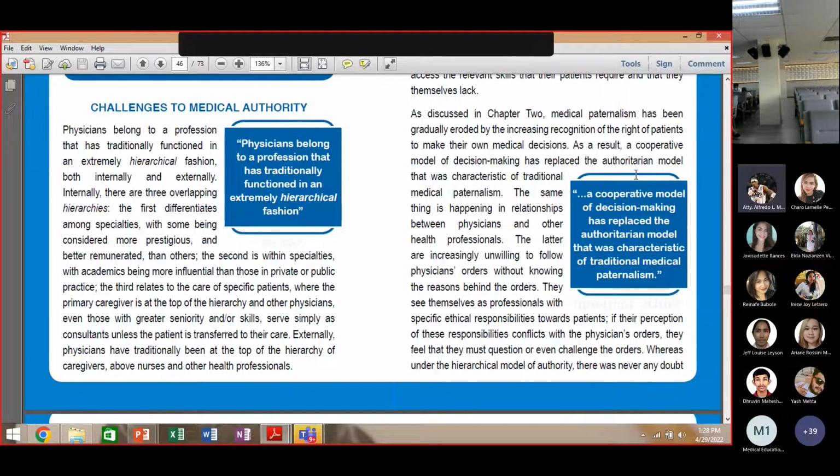When you say autocratic, the decision maker comes from one source. However, today, because of the new trends, because of the advances, the model being utilized is more flexible. Cooperative model, otherwise known as laissez-faire.